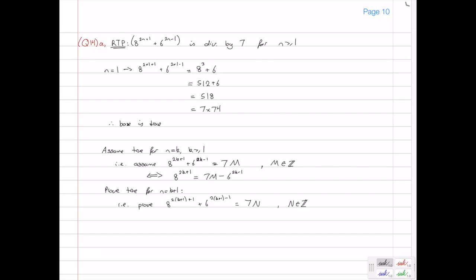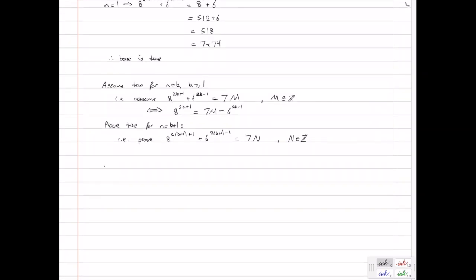Well, let's firstly move this up a bit. Let's consider the left-hand side of what I'm trying to prove. So consider 8 to the 2 times k plus 1 plus 1 plus 6 to the power 2 times k plus 1 minus 1.